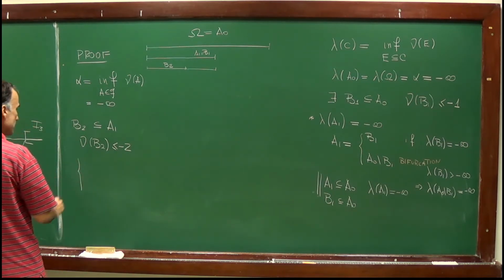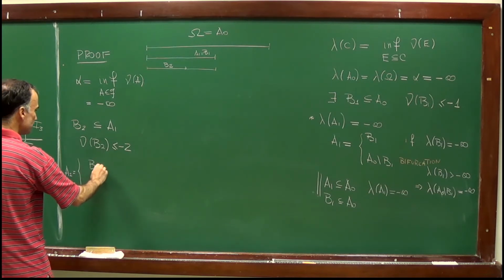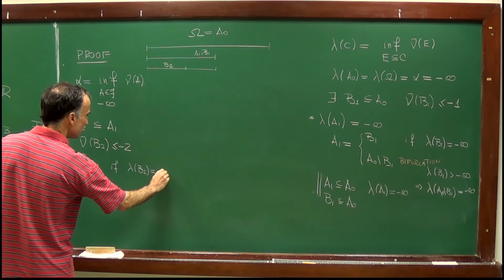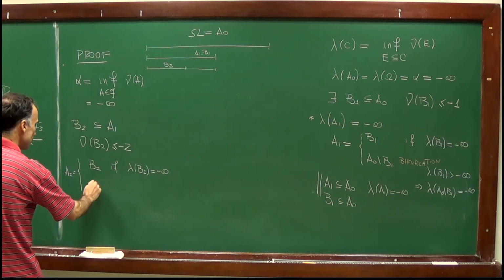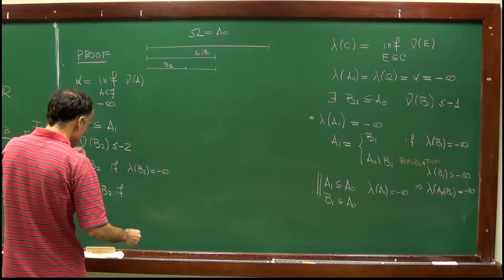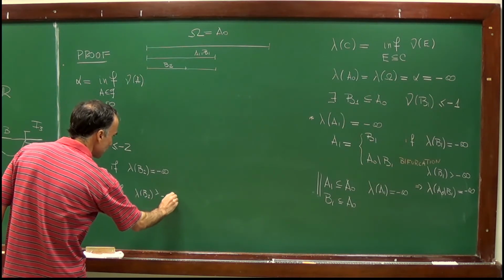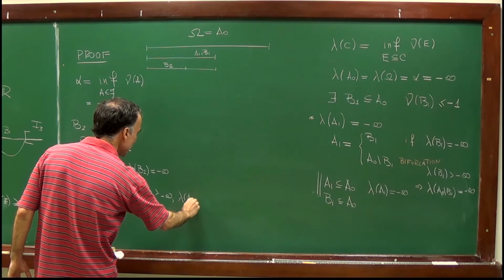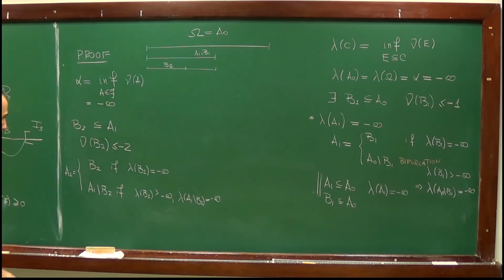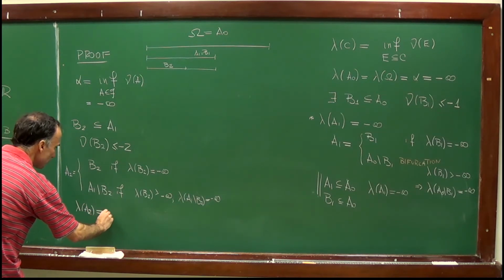So I will define a new set, a2, which will be equal to b2 if lambda of b2 is minus infinity, and it will be equal to a1 minus b2 if not. But in that case, we know that lambda of a1 minus b2 is equal to minus infinity by the argument I just gave. So in any case, lambda of a2 is equal to minus infinity.